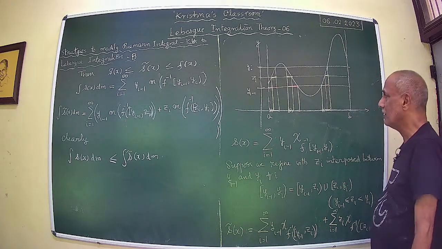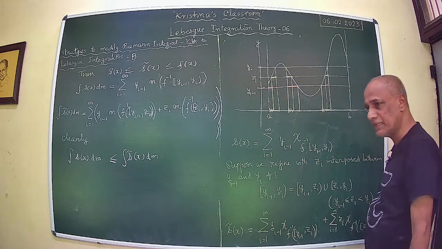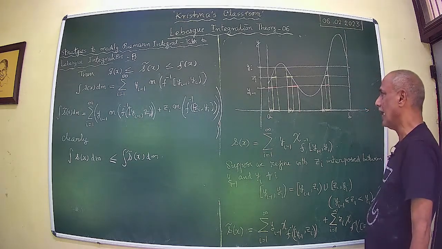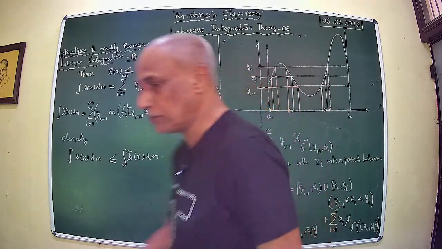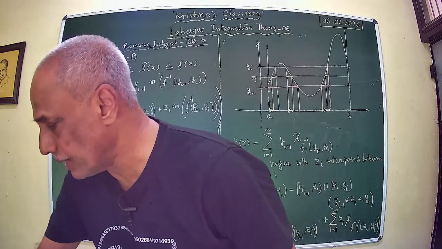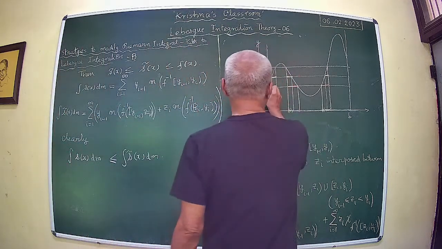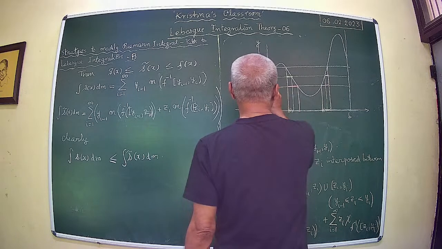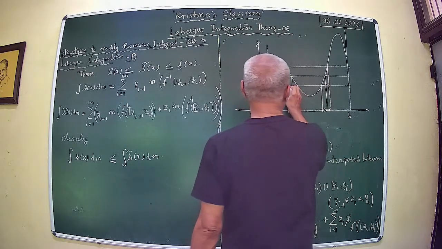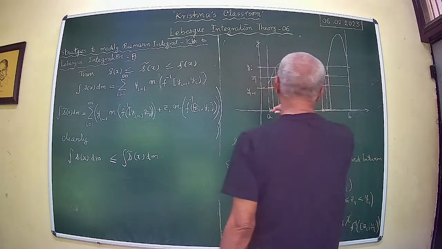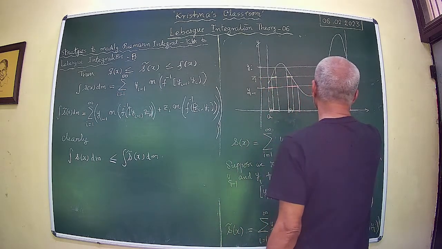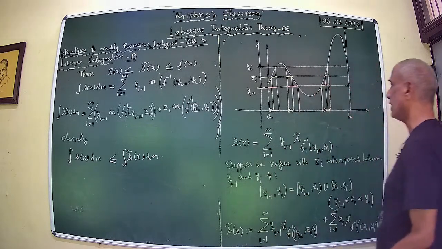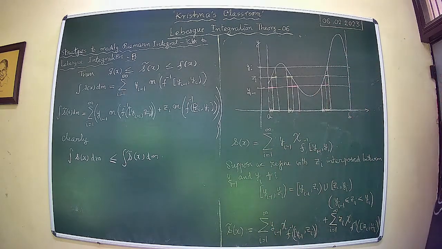And that function approximates the function much better, as it is clear. See that instead of approximating this function by this one, you are approximating by this one, this one, and this one. This is the scenario that you get. So you get a much better approximation.